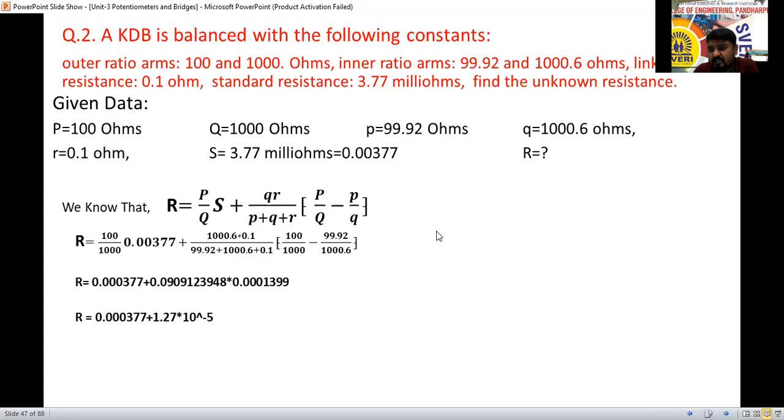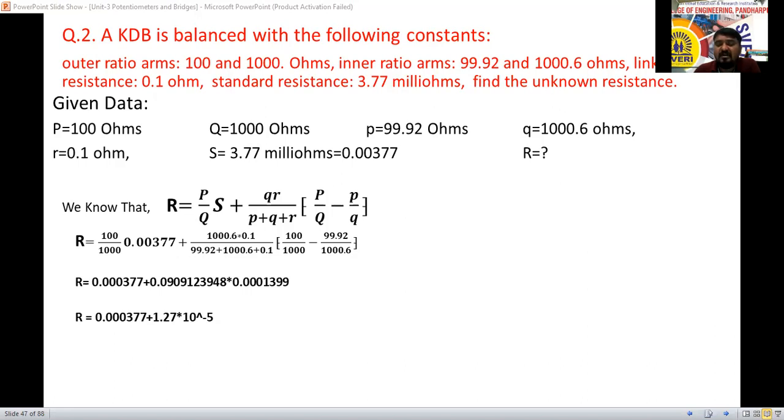Which one? Any one option. This question is asked in the exam also, I think. Low resistance. One person is saying low resistance, another one is saying medium resistance. Which one is the correct answer? Low resistance is the correct answer.